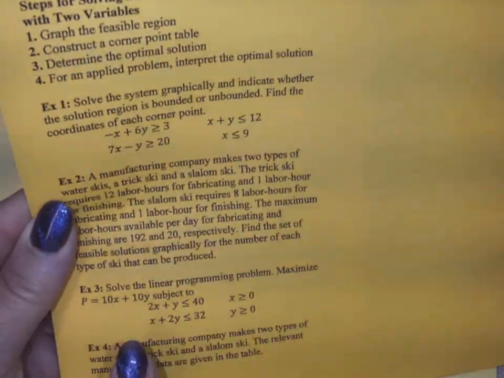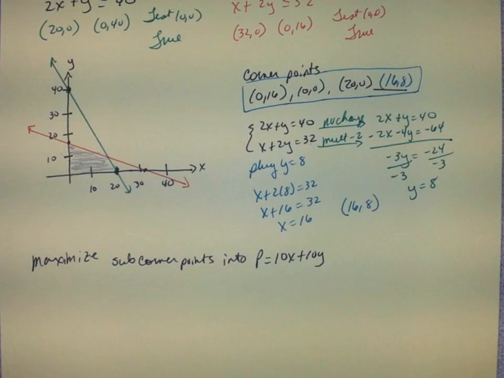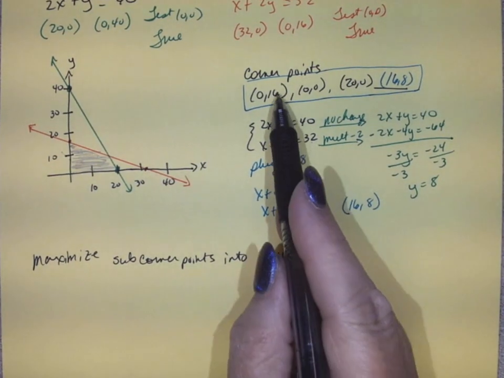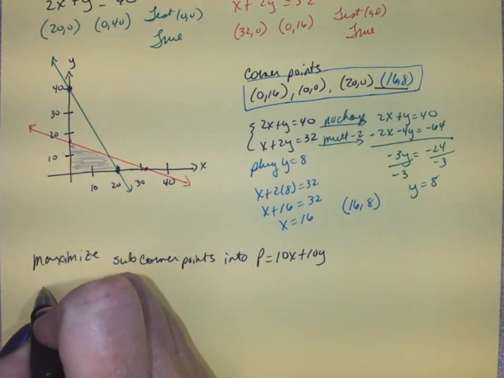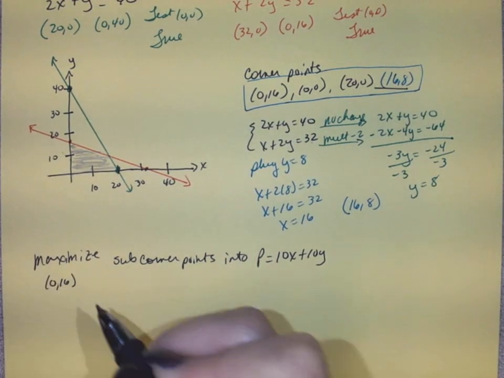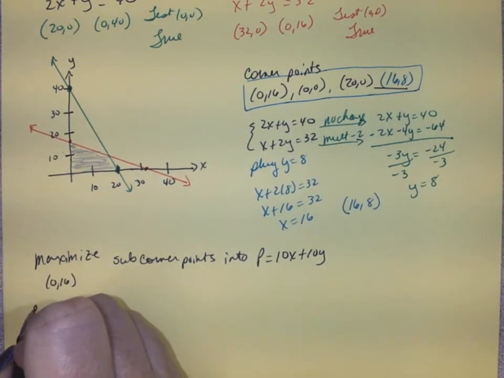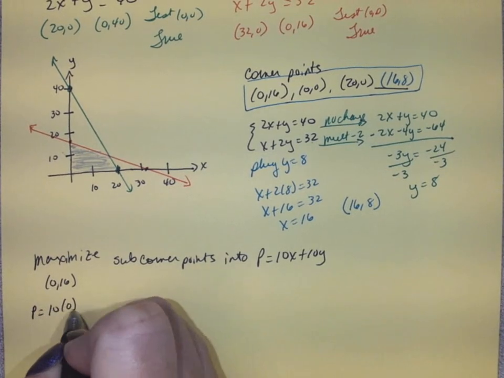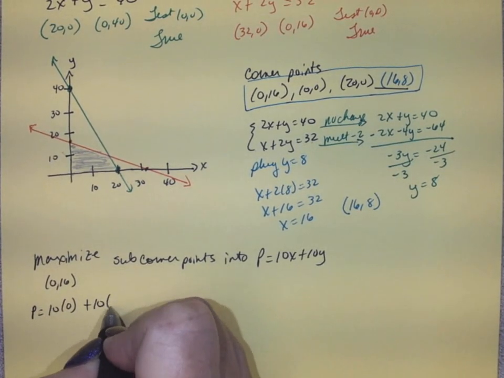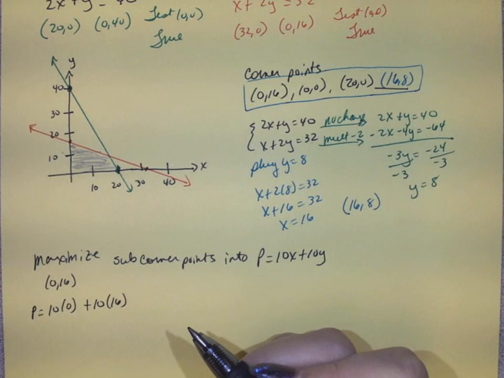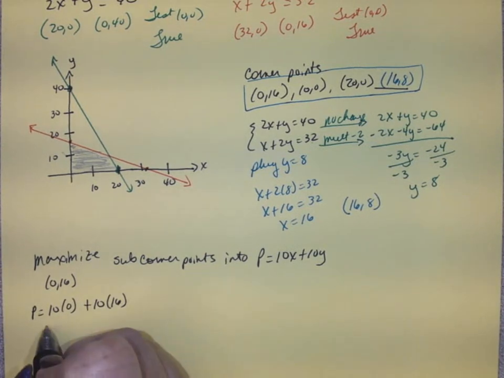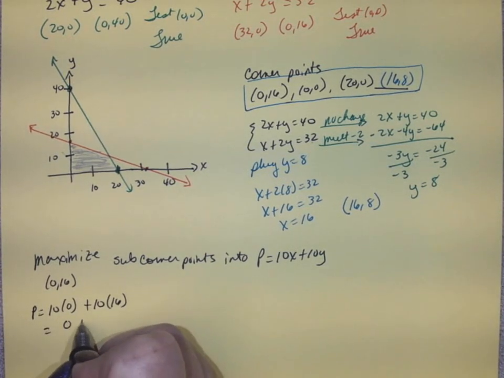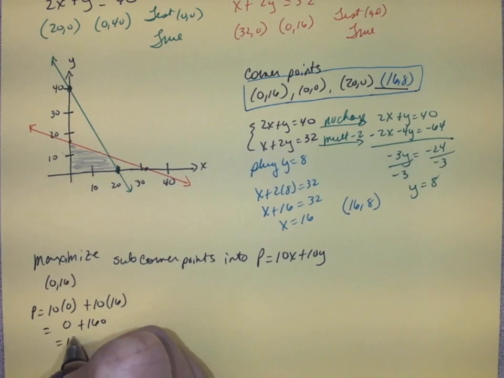So we're going to maximize that. All right, so we've got our first corner point, 0, 16. So that means we've got p equals 10 times 0 plus 10 times 16. So that's going to get us 0 plus 160, so equals 160.